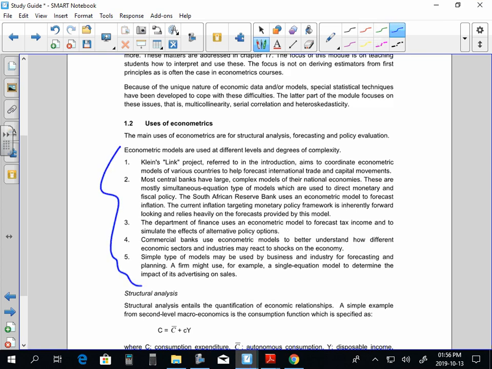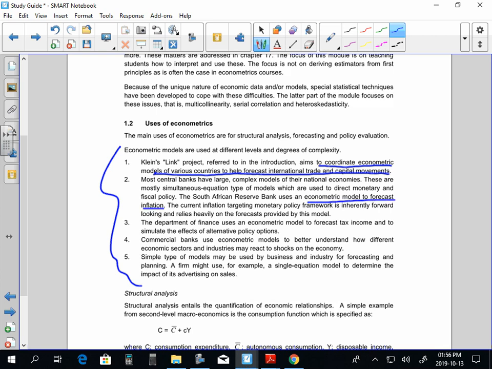Five uses. Firstly, it aims to coordinate econometric models of various components to help forecast international trade and capital movements. Most central banks have that. These are mostly simultaneous equation models. A central bank uses an econometric model to forecast inflation.